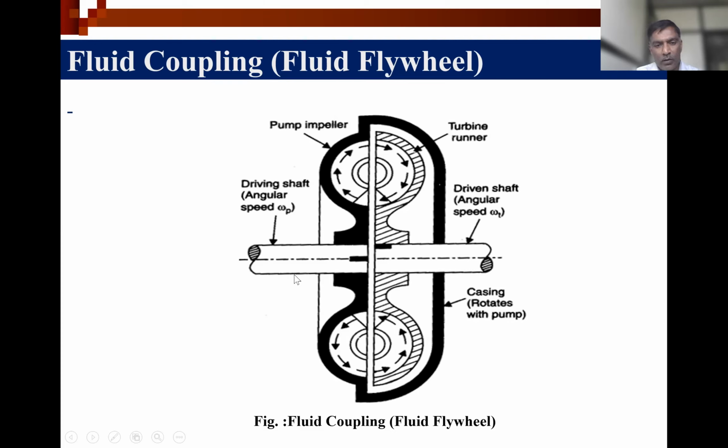It rotates only after the driving shaft gives rotation or torque, right? You can see here, this is the casing that rotates with the pump. This pump impeller is mounted on the driving shaft, or in other words, attached to the flywheel. This is the schematic diagram, and this is the casing, and this is the turbine runner mounted on the driven shaft or clutch shaft.